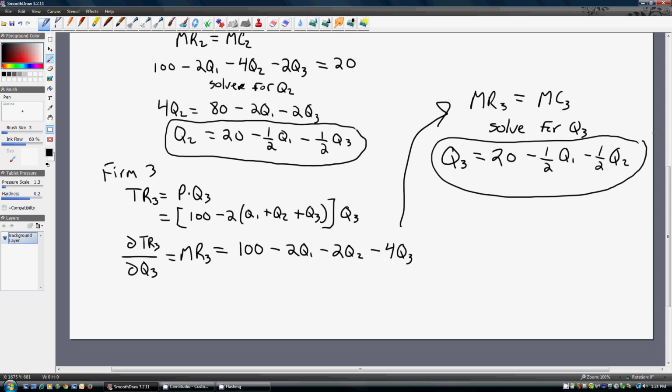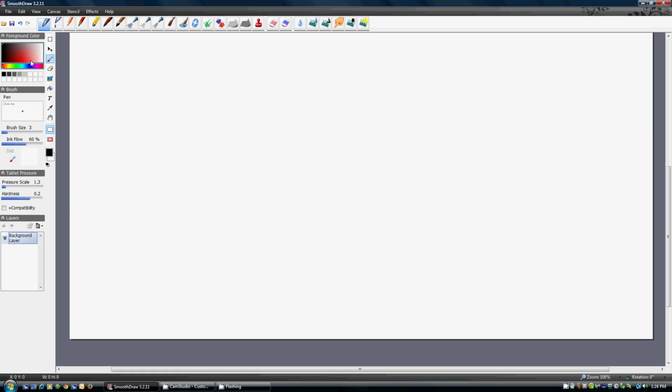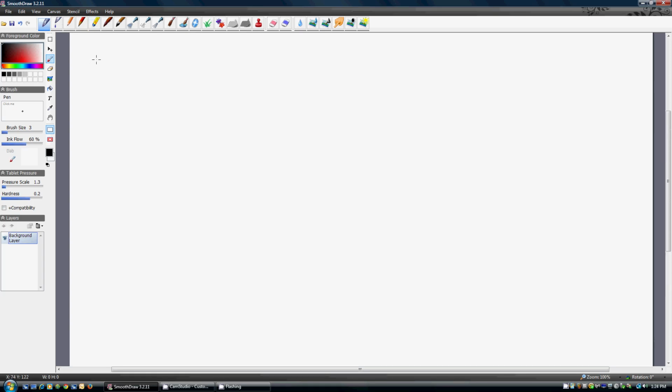So in this 3-firm Cournot problem, we're going to solve for 3 reaction functions, one from each firm. And what we're going to have here is a setup with 3 equations and 3 unknowns. So we're going to go solve that on the next page. So equation 1 will be firm 1's reaction function.